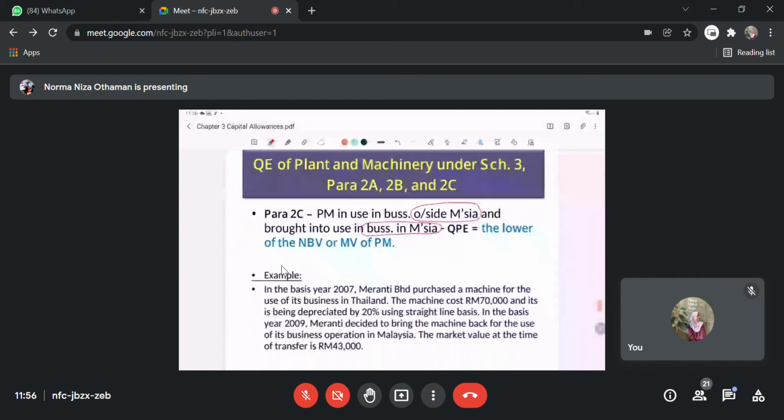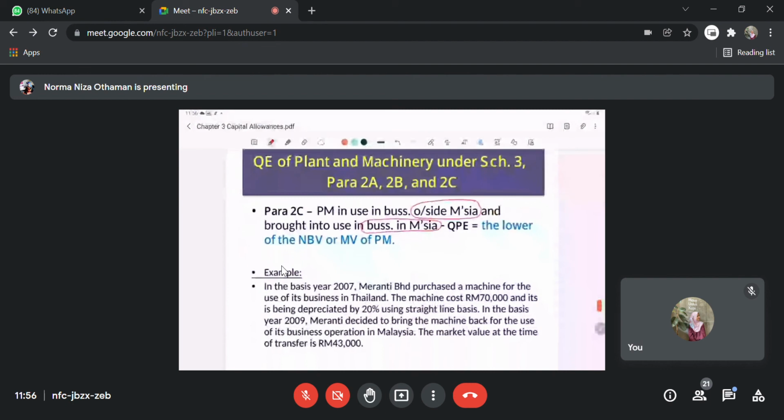Kalau you tengok dekat sini, dia kata Meranti Berhad purchase a machine for use of its business in Thailand. So dia digunakan dekat Thailand. So dia bagilah cost and then depreciate and so on. In the year of assessment 2009, Meranti decide to bring the machine back for the use of operation in Malaysia. Dibawa masuk Malaysia balik.